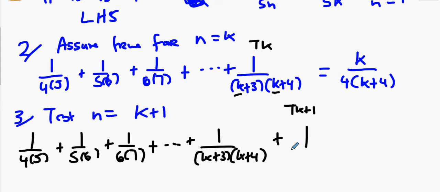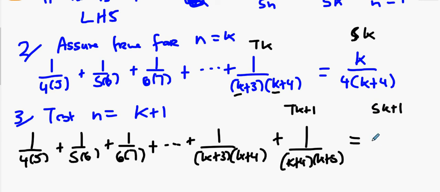So it's going to be 1 over k plus 4 by k plus 5. And instead of sk, which is here, we're going to use s of k plus 1, which is going to be k plus 1, replace all k's with k plus 1. And then this k gets replaced with k plus 1, which will make it k plus 5.